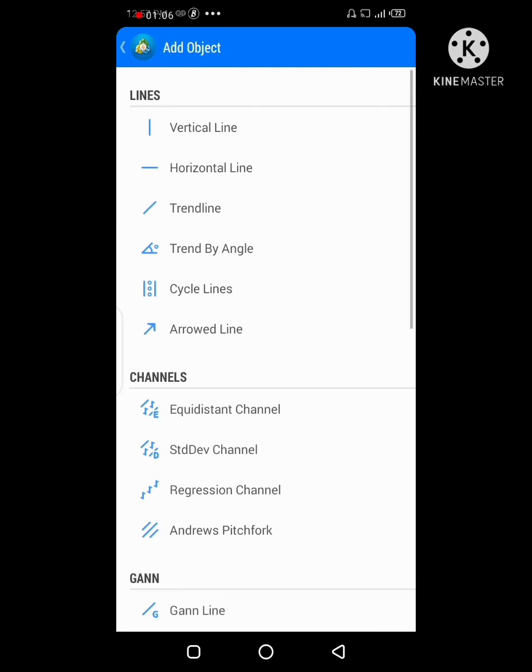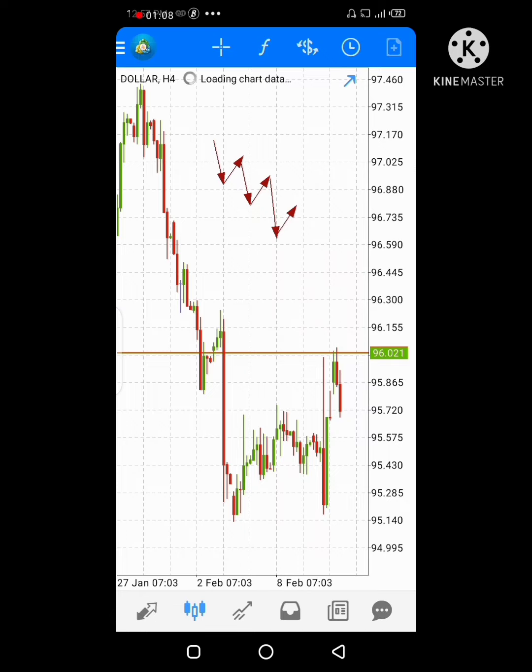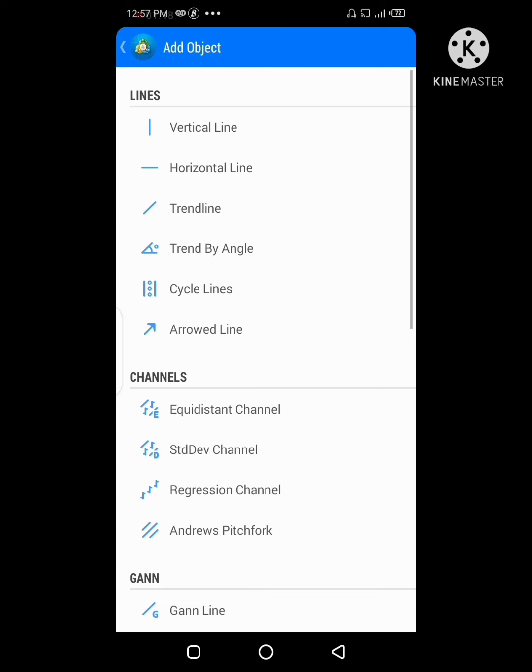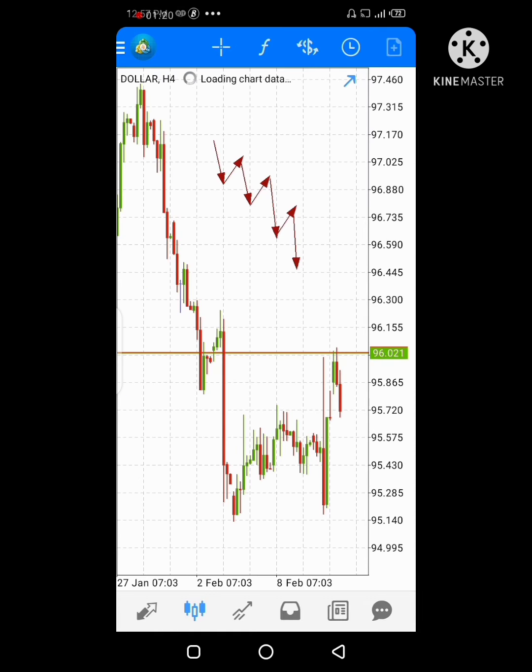So now if the pattern is about to form, the price makes a lower low, but this time instead of making a lower high, the price makes a higher high. So once this happens, price makes a lower low and a higher high.